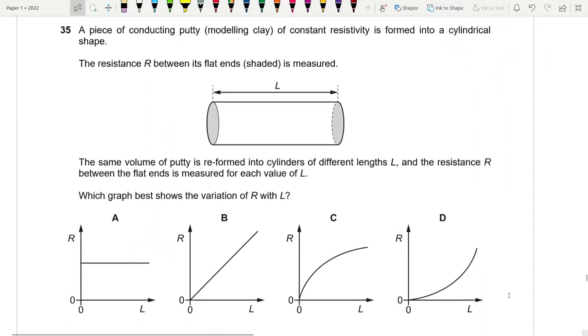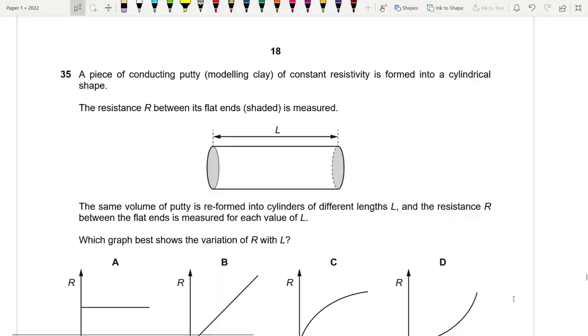Okay, 35. A piece of conducting putty, which is apparently modeling clay of constant resistivity, is formed into a cylindrical shape.